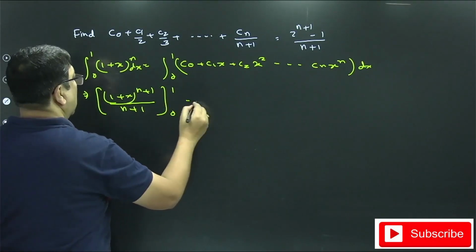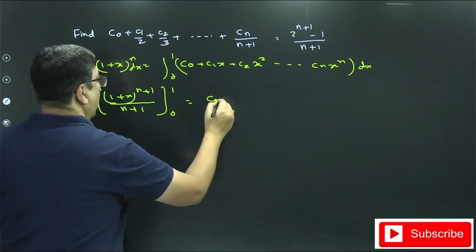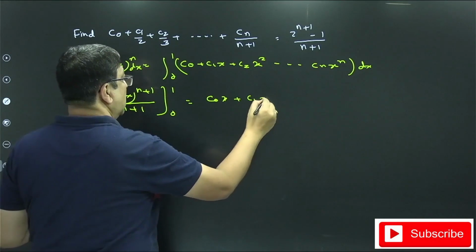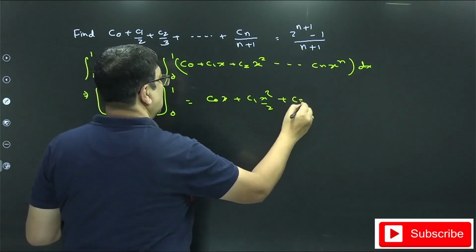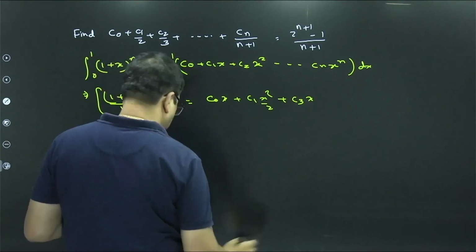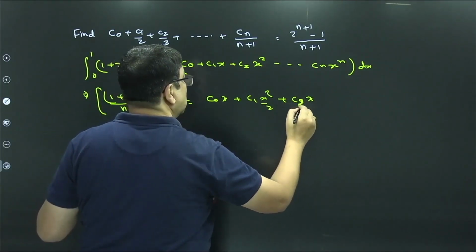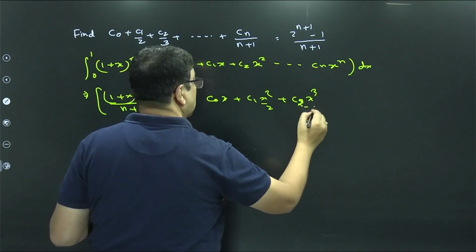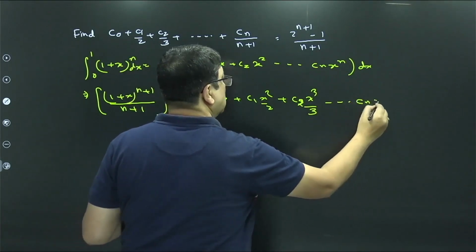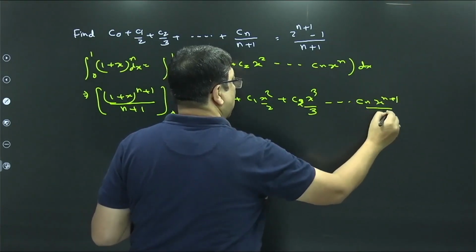From 0 to 1 equals C0 x + C1 x²/2 + C2 x³/3 + ... + Cn x^(n+1)/(n+1).